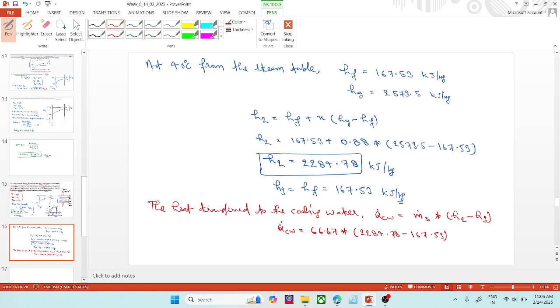When we solve it, the heat transfer rate to the cooling water will come out to be 141157 kilowatts.